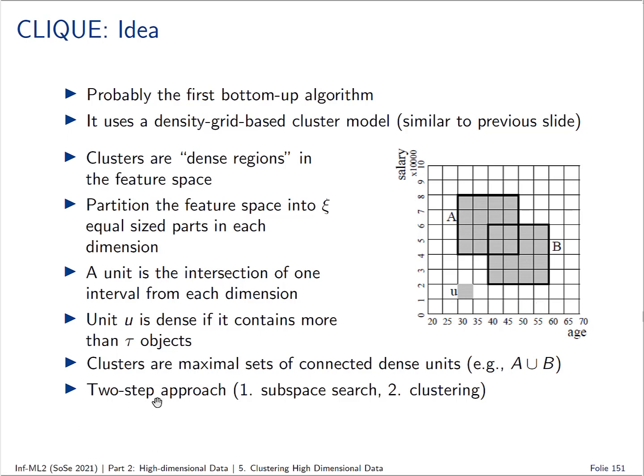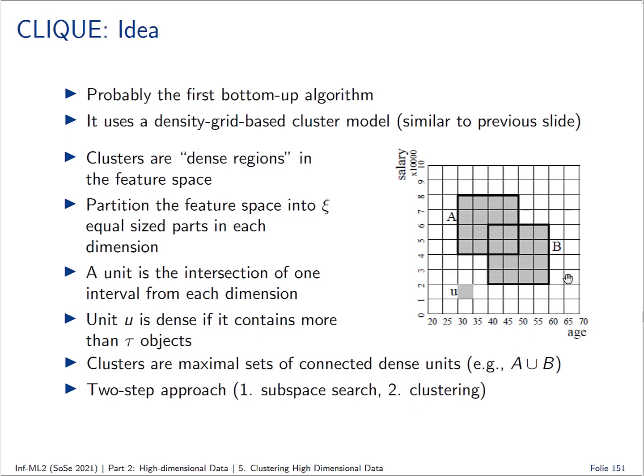And basically, CLIQUE is a two-step approach, because in the first step, we try to expand or find those dense units, starting from one-dimensional dense units to form higher dimensional dense units. And when this is done, we do the final clustering by computing all the connected dense units.